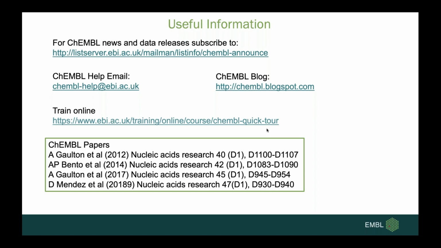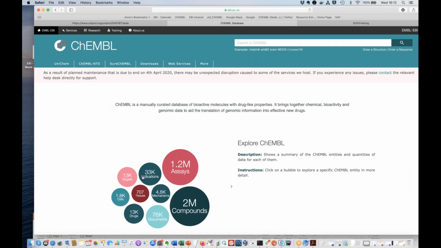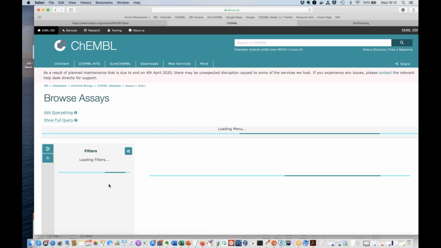How can I retrieve toxic compounds? So we do have assay type information in ChEMBL. We have binding assays, ADME assays, tox assays, and functional assays.